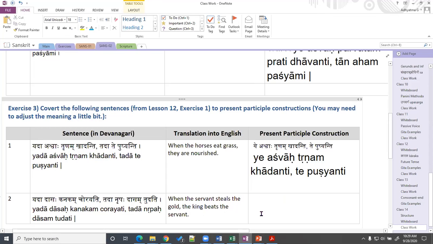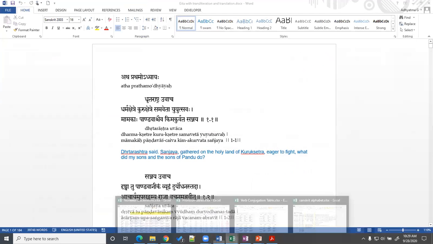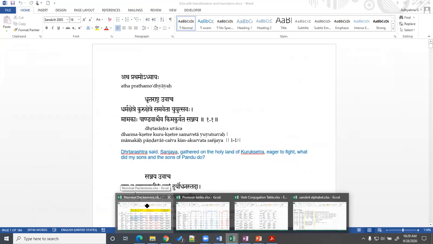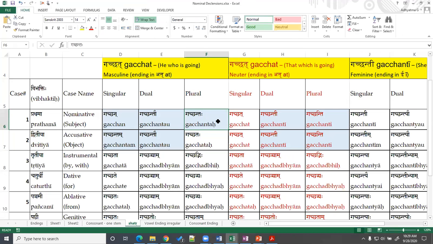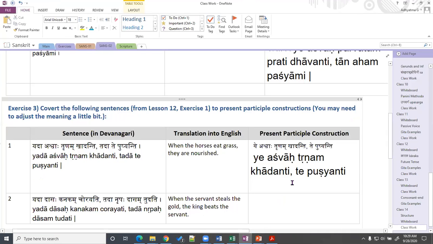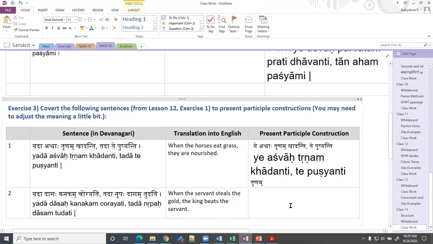Ashwa is masculine, so we have to use the masculine participle. Masculine participle is gacchantaha, that is khadantaha. So we'll say trinam khadantaha ashwaha pushyanti.